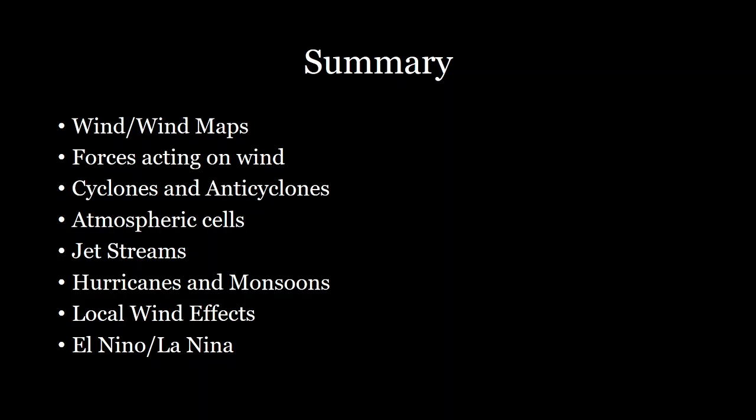We talked about the three different cells in the atmosphere, the Hadley cell, the Ferrel cell, and the polar cell. We talked about the jet streams and how that can affect climate. We also talked about hurricanes and monsoons. We talked about local weather events such as Santa Ana winds. And then lastly, we talked about El Niño and La Niña events.